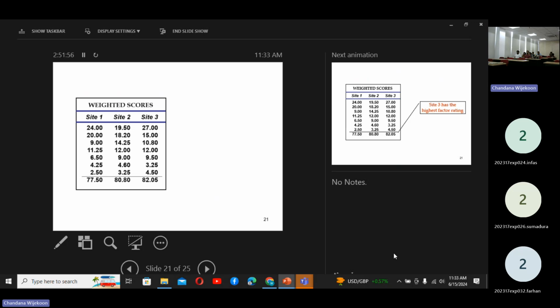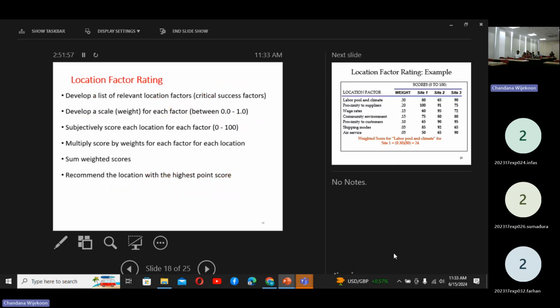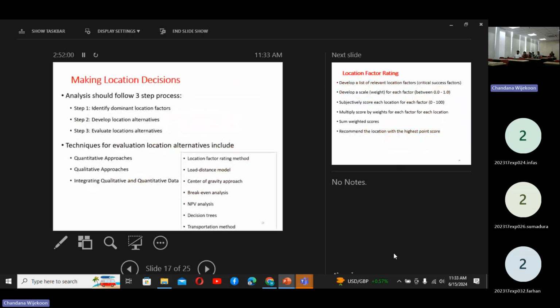Right. So what we discussed here is how to evaluate different locations, and for that matter, different techniques are there. We just identified how to use the location factor weighting method with an example. At home, I would expect, let's say, you are going to consult a supermarket chain to identify a better location for their next outlet.